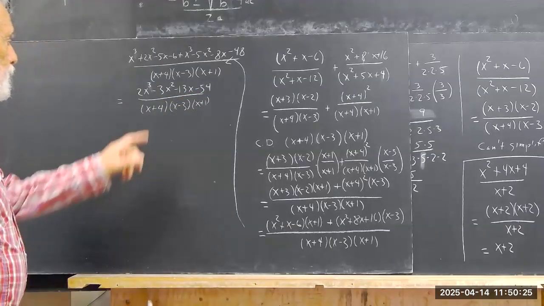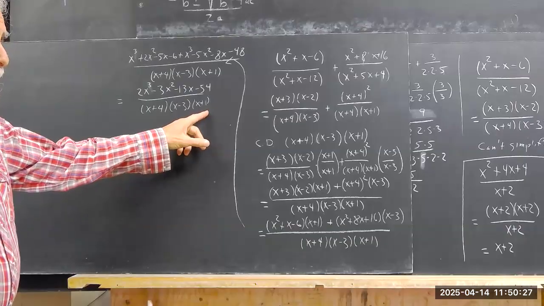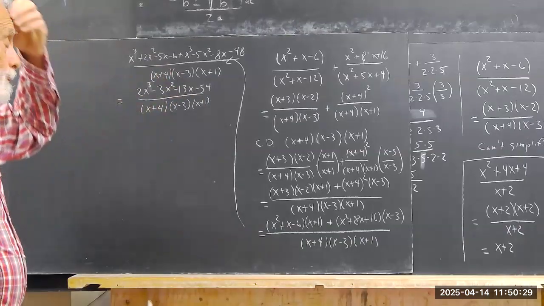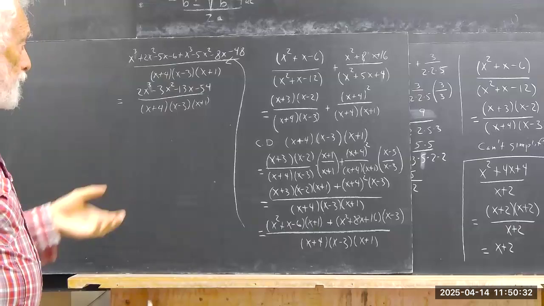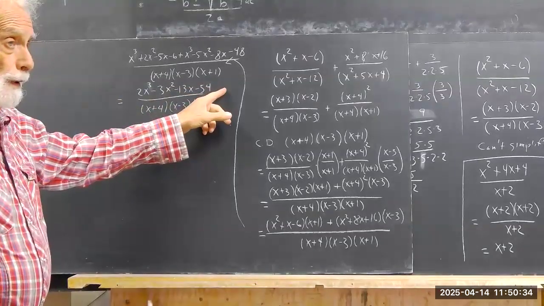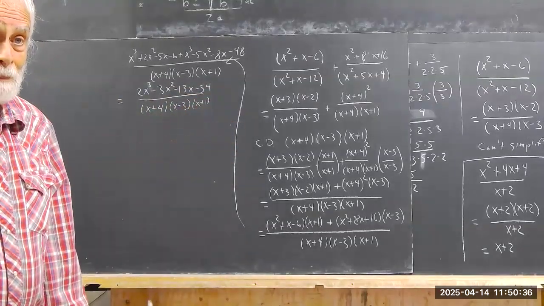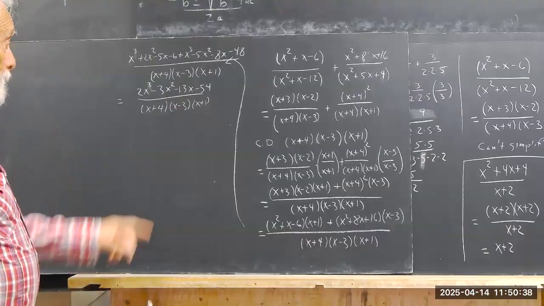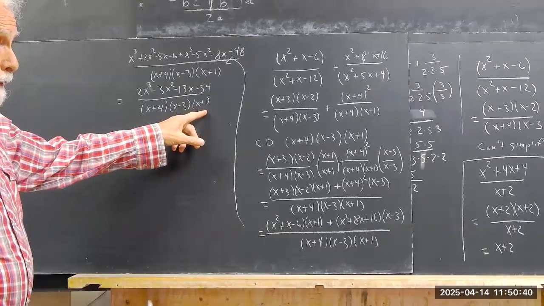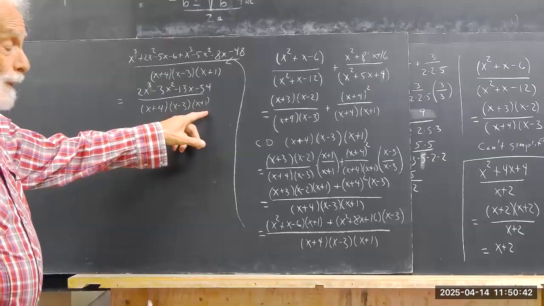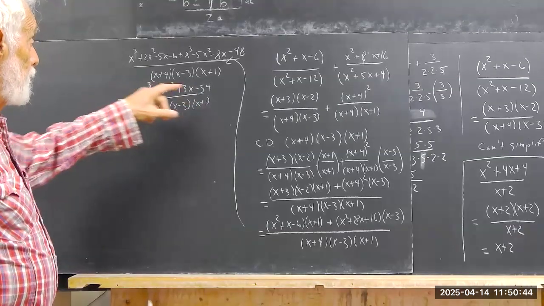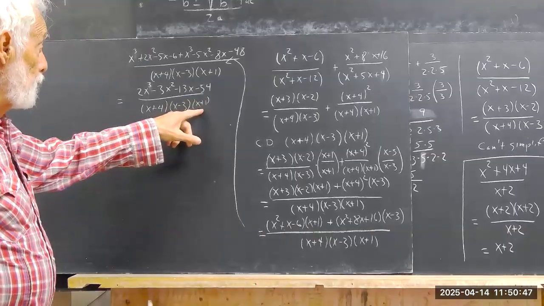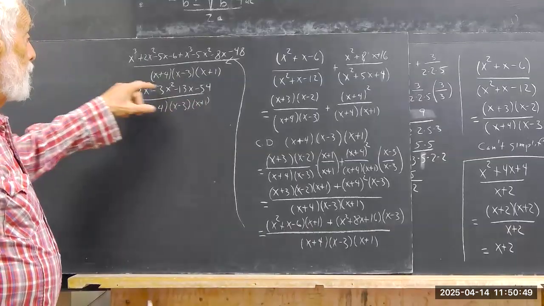I can check to see if any of these divide this. Instead of trying to factor this thing, which is probably going to be impossible, I'm going to see if x plus 1 could be a factor. That's easy. If x plus 1 is a factor of this, then if I plug in -1 for x, I'm going to get 0.